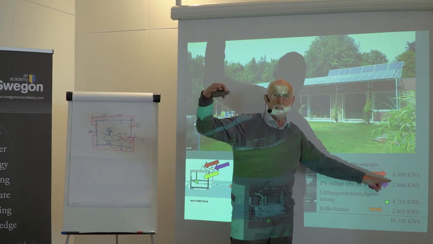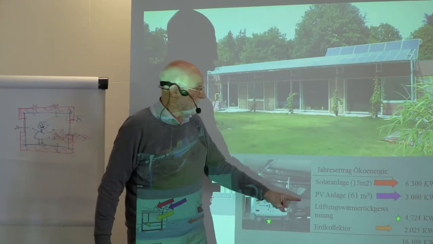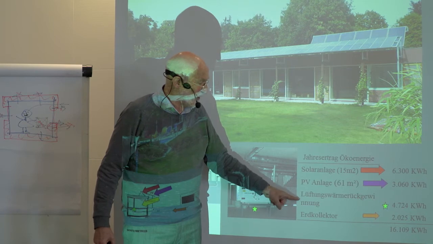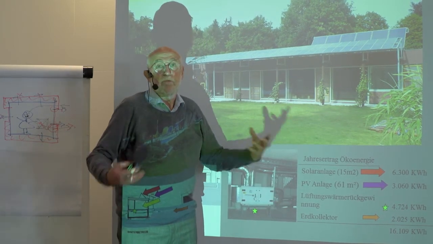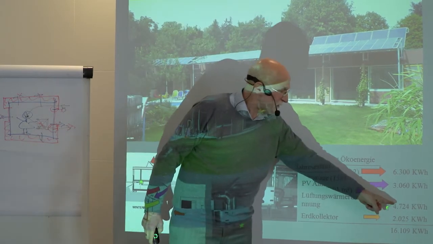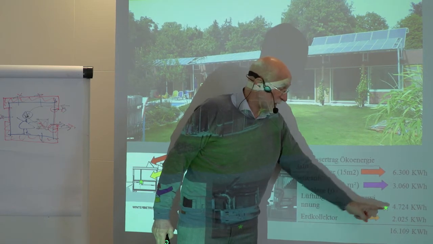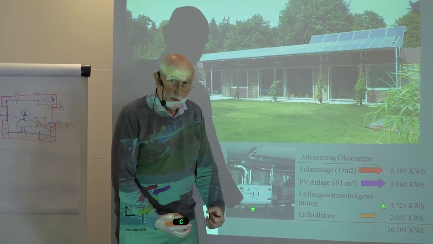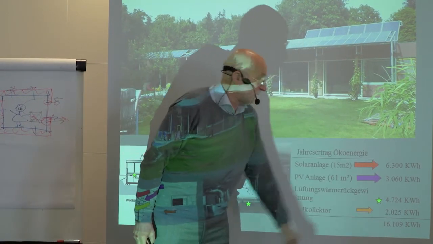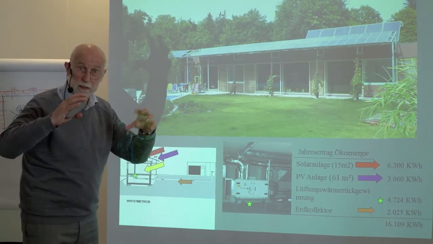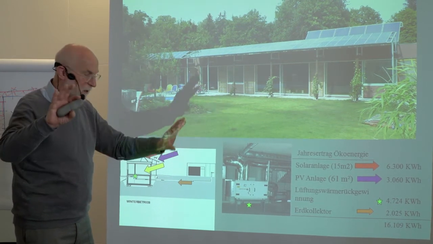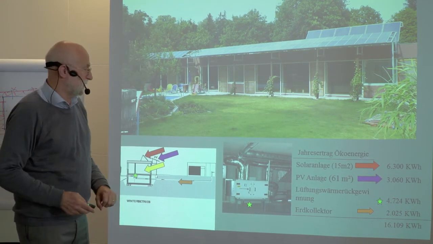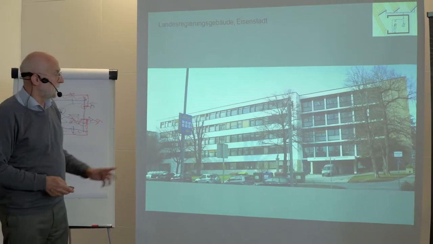But it's electricity, a higher level of energy. The air ventilation with heat recovery brings us 4,700 kilowatt hours. It's an important point. And we have an earth tube which is collecting heat from underground, it brings 2,000. But it's important in your design that you already know how much you can reach with these different strategies.